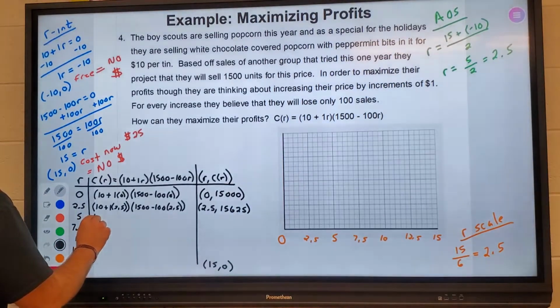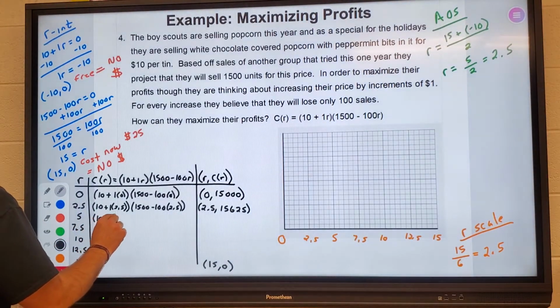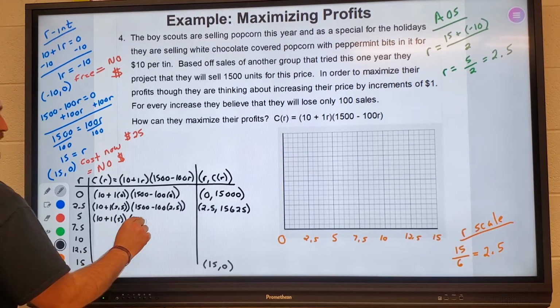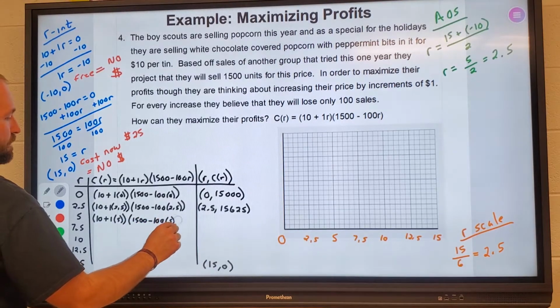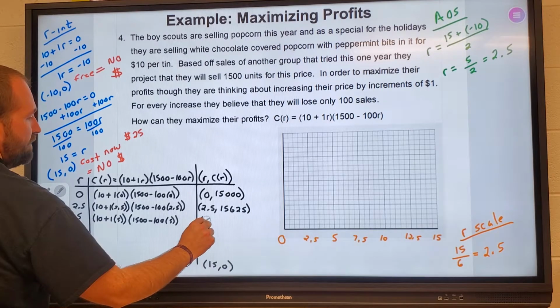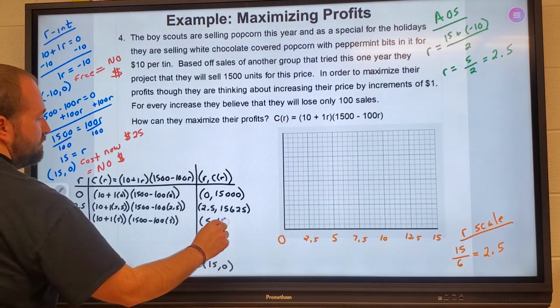Continuing, we have 5. So we have 10 plus 1 times 5 times the 1,500 minus 100 times 5. And you work that out, you get 5, comma, again, 15,000.